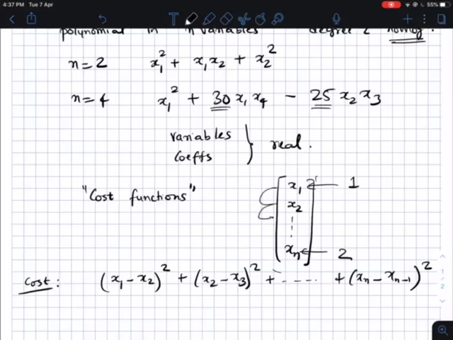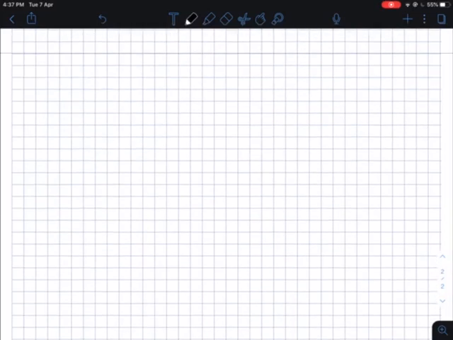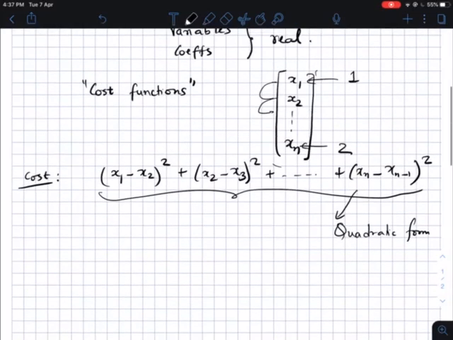So then the question I would ask is how to pick x1, x2 to xn such that this cost function is minimized. Now, once you expand it completely, this cost function is a degree 2 homogeneous polynomial in the variables x1, x2 to xn. So this is actually a quadratic form, and in this scenario we're interested in minimizing it.